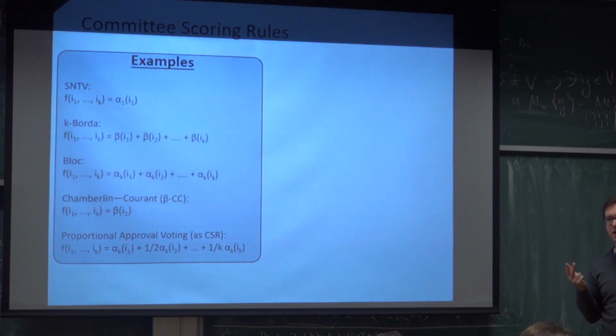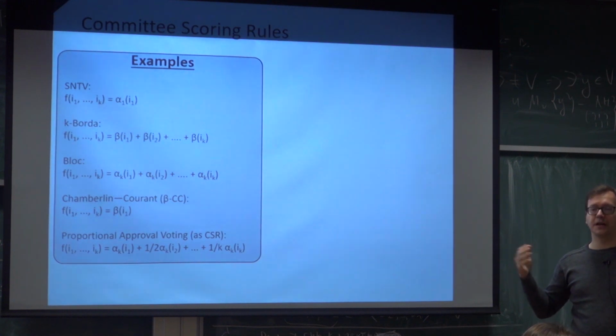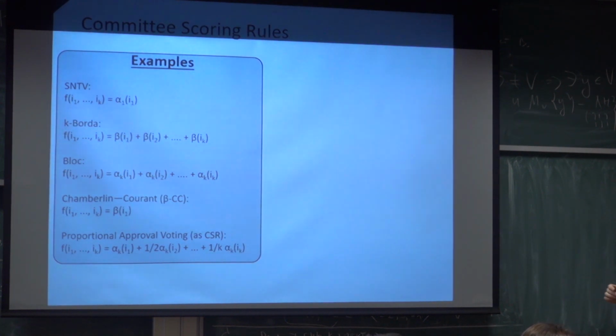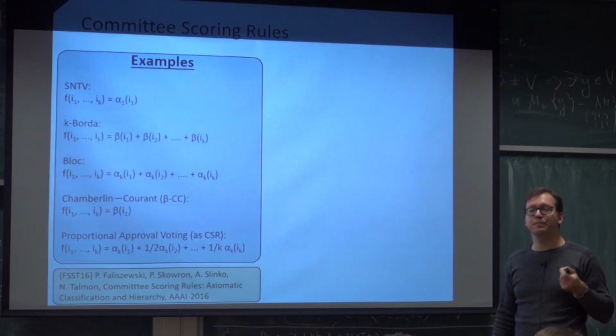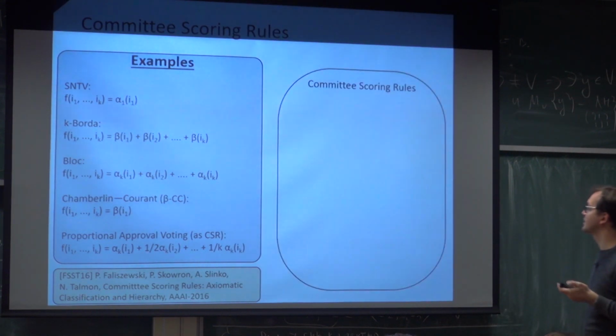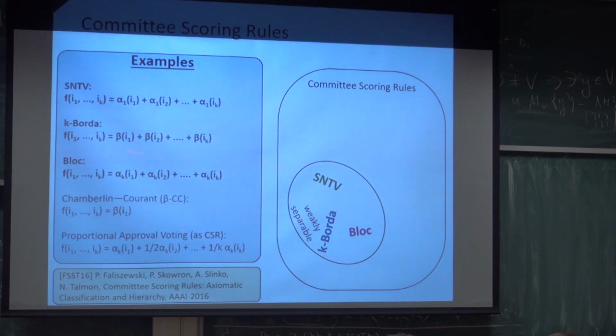But aside from these three, and the fact that a committee scoring rule defines a rule perfectly up to affine transformations, these are more or less the only joint committee properties of all committee scoring rules, which is also why we decided to partition this class into subsets. So we have the class of all committee scoring rules, and all the rules that can be expressed as a sum of the same functions, we call weakly separable.